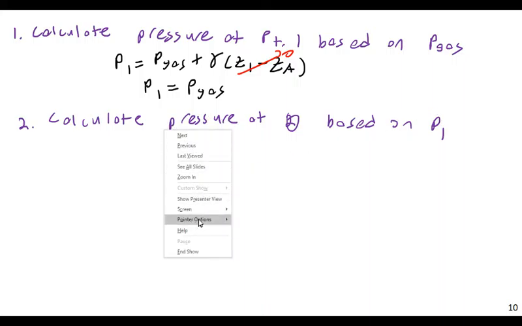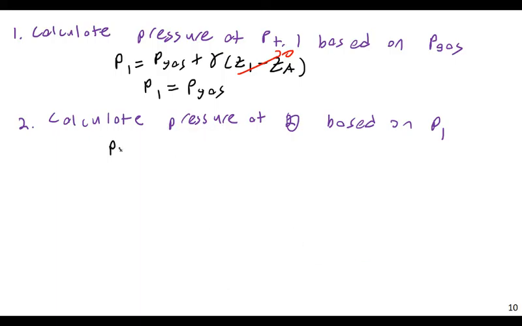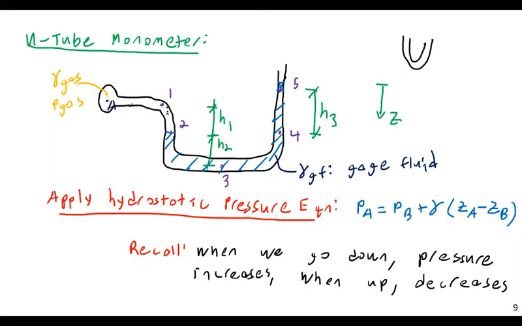I can work through the equation, and we'll see that P2 equals P1 plus gamma gas times Z2 minus Z1. So if I go from here to here, the pressure will increase a tiny bit due to the increased depth of fluid.